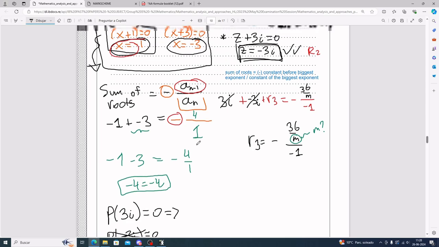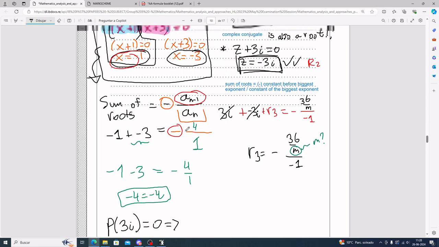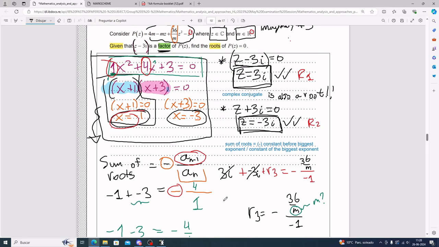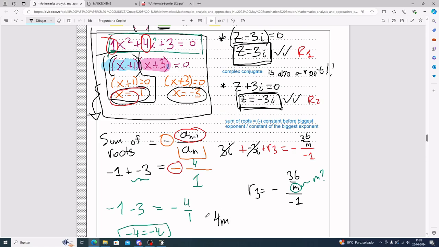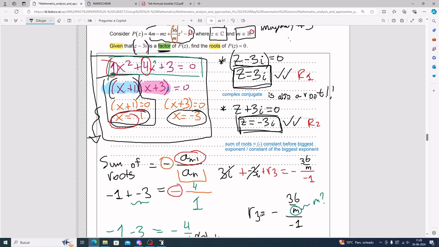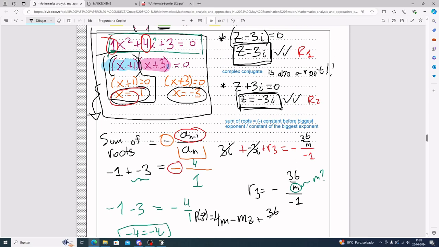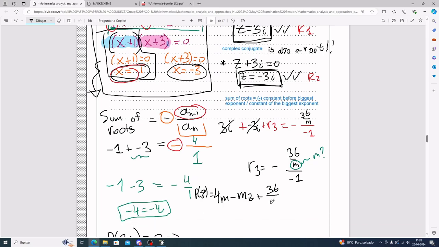Because if you plug that into your equation or formula, actually, first let me write it down here. So your original is 4m minus mz plus 36 divided by mz times z squared minus z cubed.